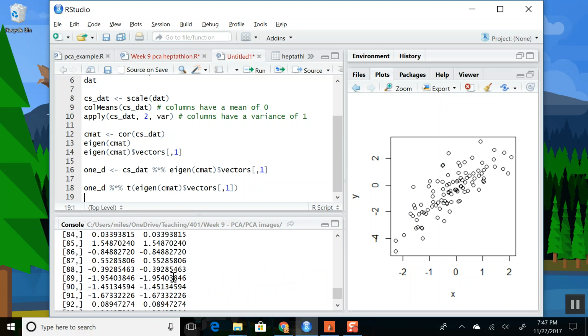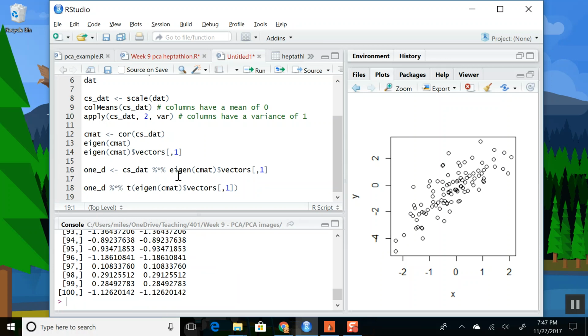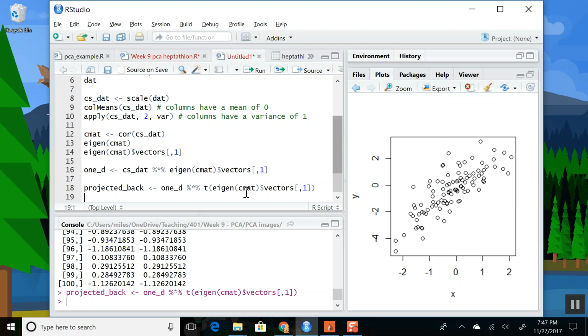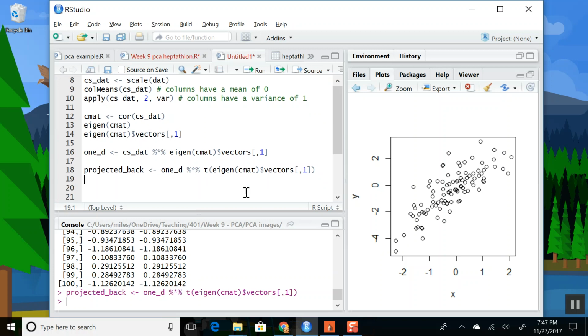So this gives us back what we have. This is just projected back. And then we would have to add back our column means.